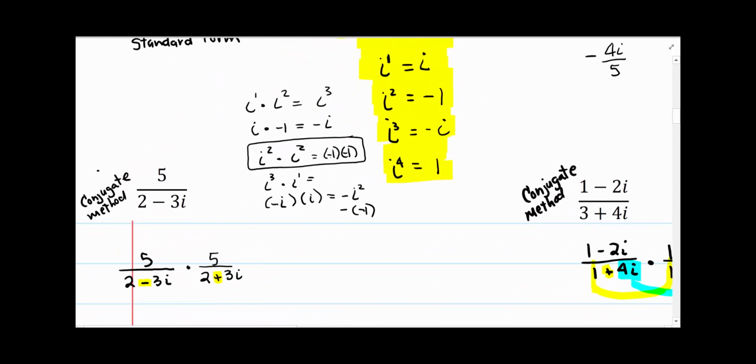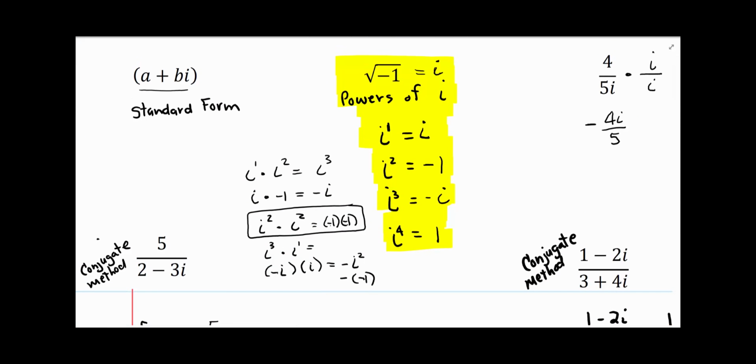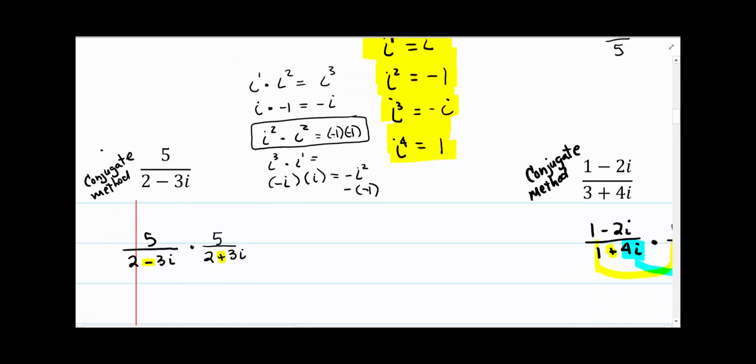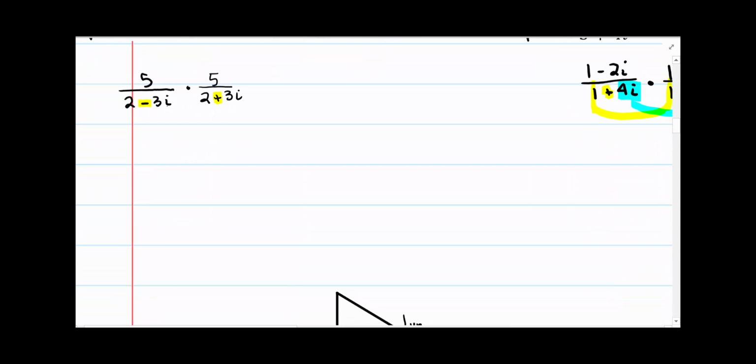All right, so let's come over here and look at one where you've got a monomial. Monomial means one term over a binomial, two terms. And remember, when we have a complex number in the denominator, we use the conjugate method. We multiply by the conjugate. So 5 over 2 subtract 3i. The conjugate would be 2 plus 3i. And then remember the beauty of multiplying by the conjugate.